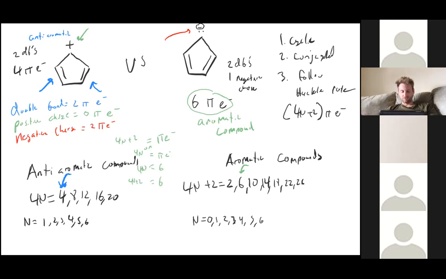It's kind of a confusing rule, and a lot of people ask questions about this. Really, you're just figuring out the number of pi electrons, and then you're going to try to fit into one of these two equations.